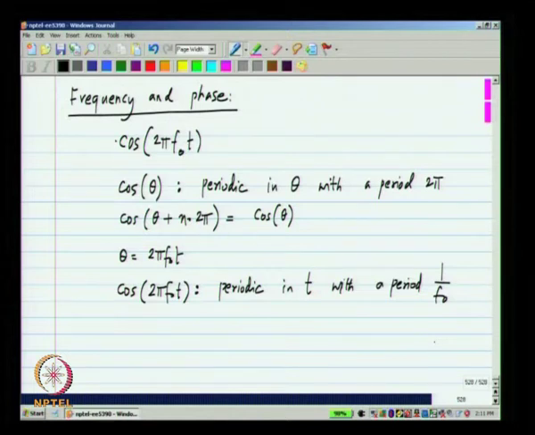Okay. So, this is a signal that is periodic in t. So, what we will do is we will consider this form of the signal which is by definition periodic in theta, and then define theta as a function of time. Okay. This looks like a roundabout way of doing things, but it is very useful as we will see.